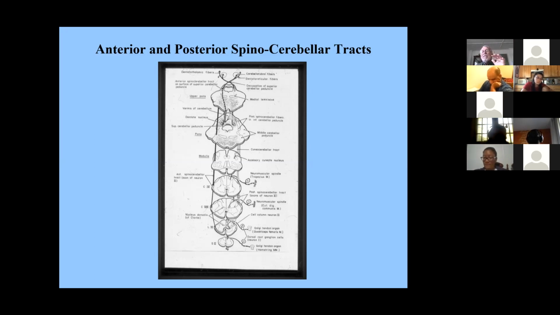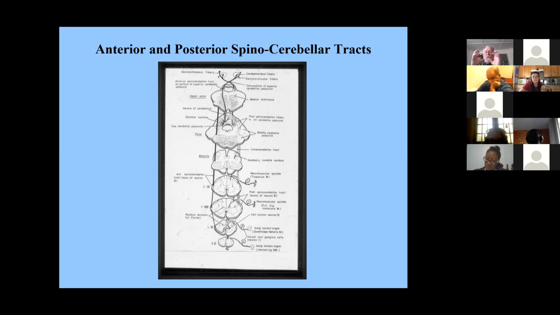Again, proprioception is telling you about where your body is in space rather than some external sensory event. Okay?